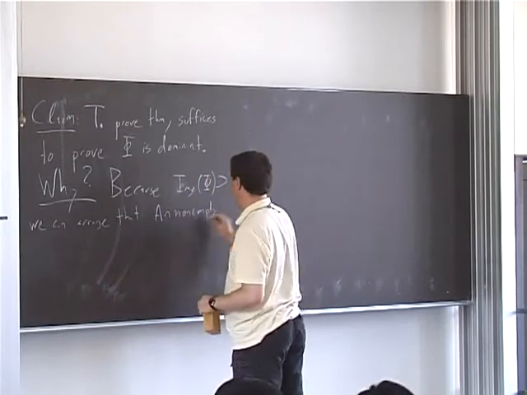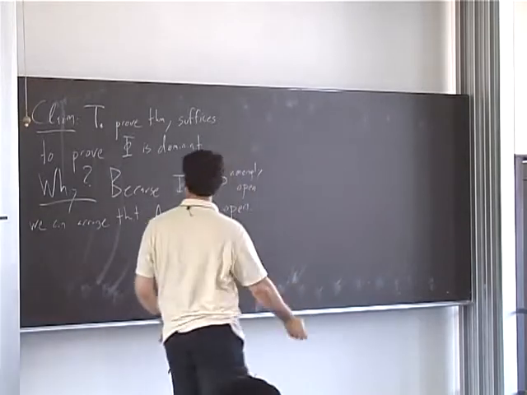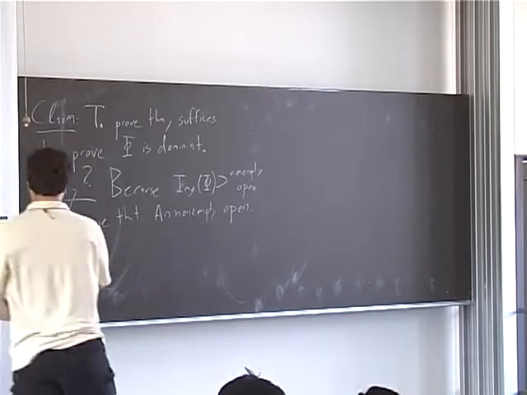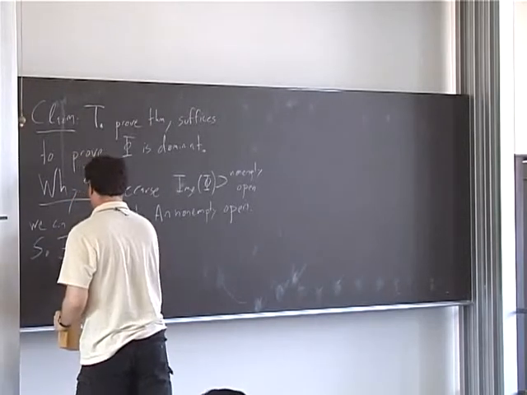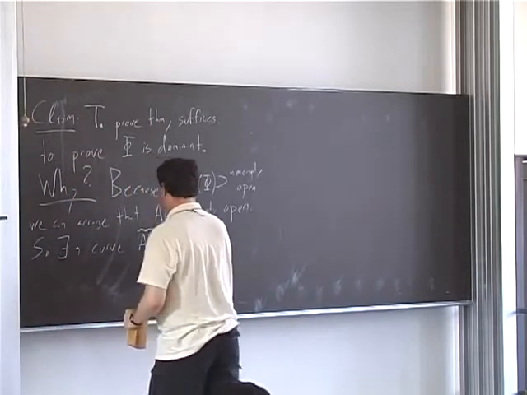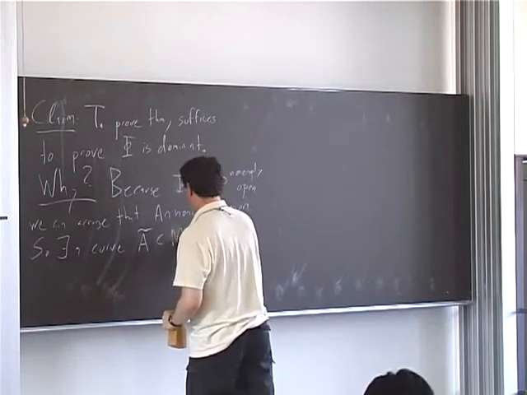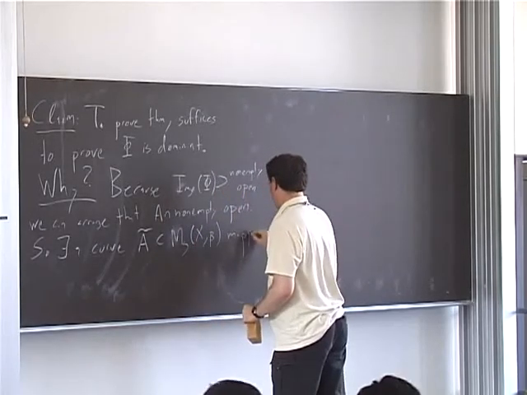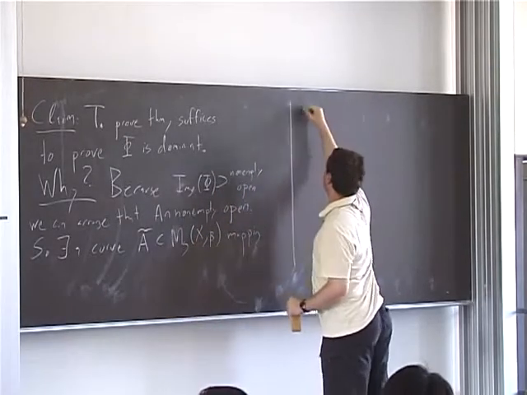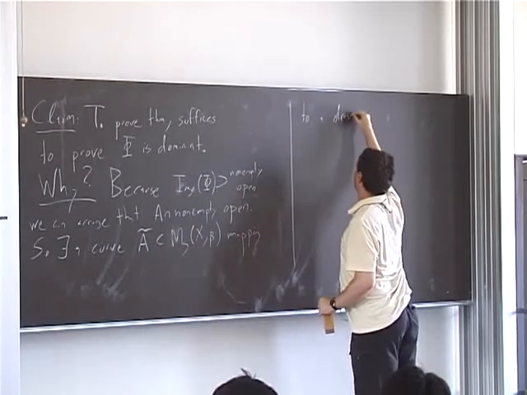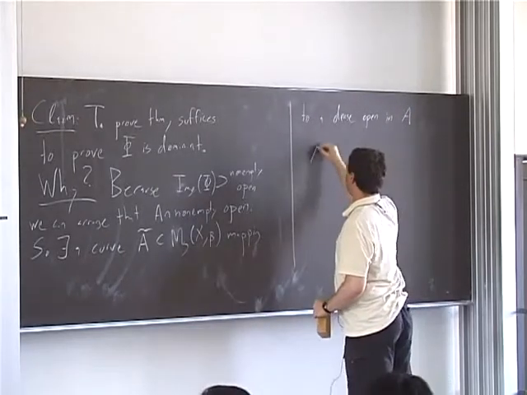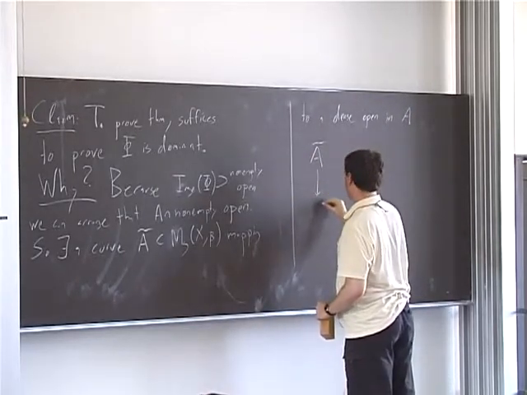Then you restrict this morphism phi over A, and because the image is dense, we can find a curve in X. So there exists a curve A tilde in X, in Mg x beta, mapping to a dense open in A. So the picture is we have this A tilde. It maps to some dense open inside of A.